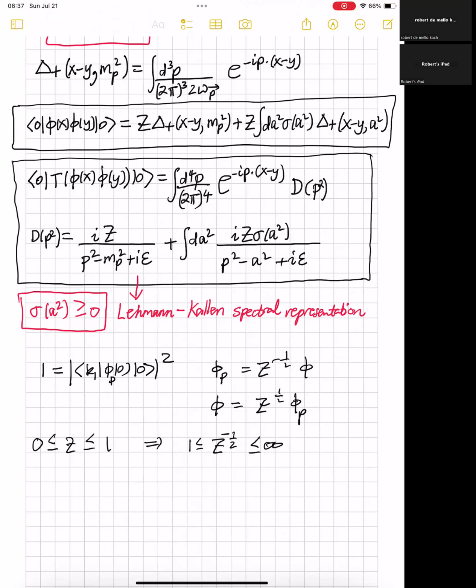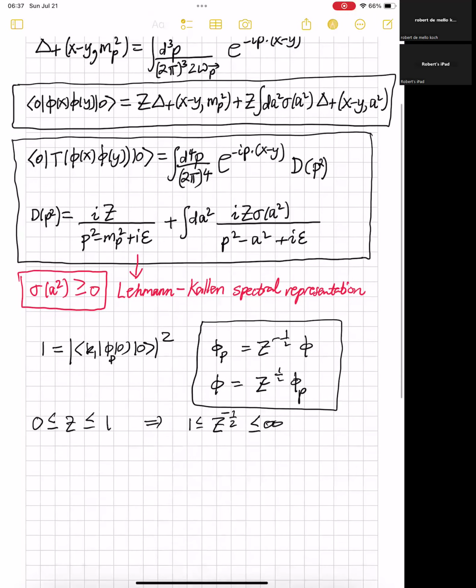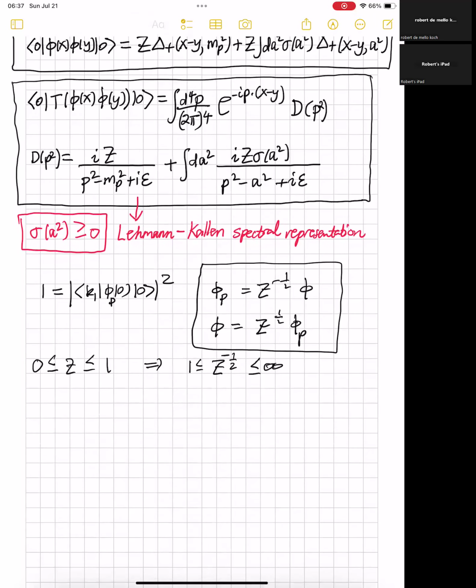And the way that we renormalize the strength of the field is summarized by these relations in that black box. And now it should be clear to you why Z is called the wave function renormalization. This is the thing that relates the field strength in the model to the physical field strength.